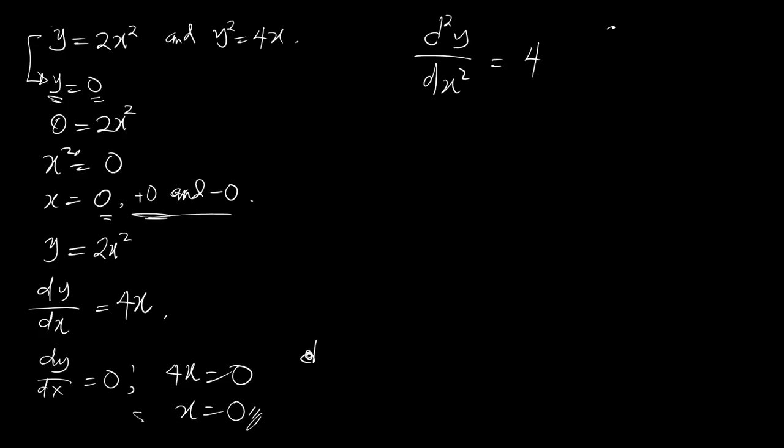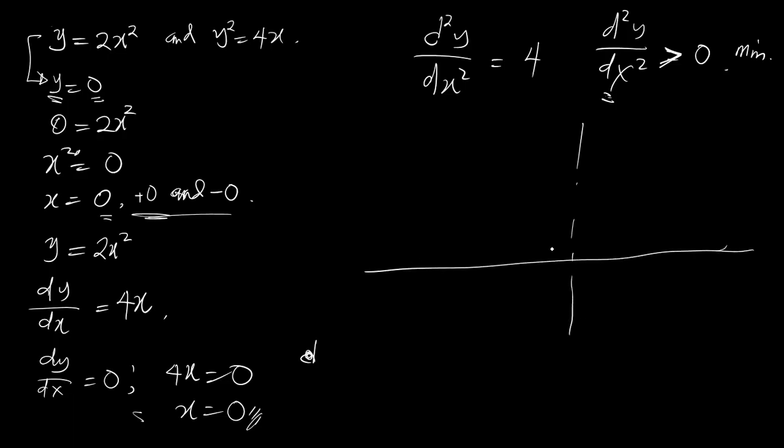Meaning that d squared y over dx squared is greater than 0. So at the point where this is greater than 0, it is what we call the minimum point. So on the graph, the minimum point will be here, like this.